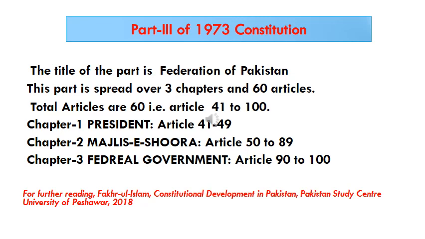And it happens all over the world that different countries have different names for their parliaments. America calls its parliament as Congress. Similarly, Pakistan has given the name Majlis-e Shura.